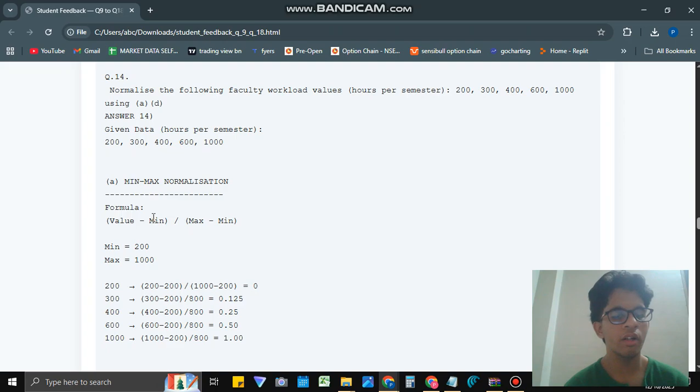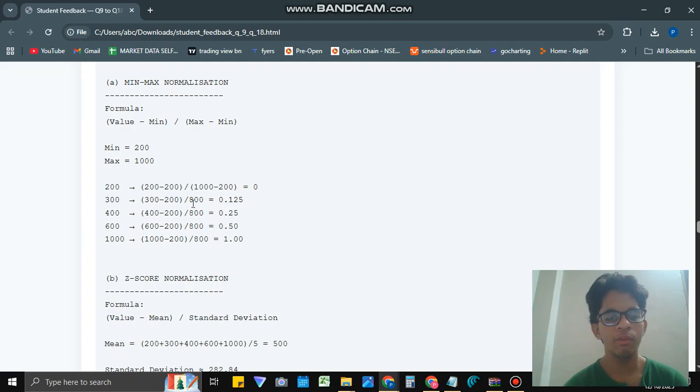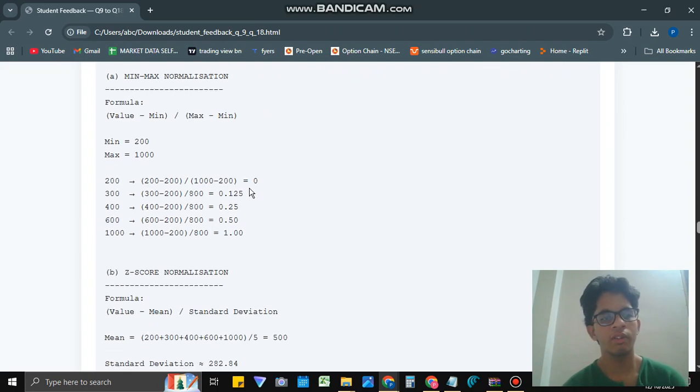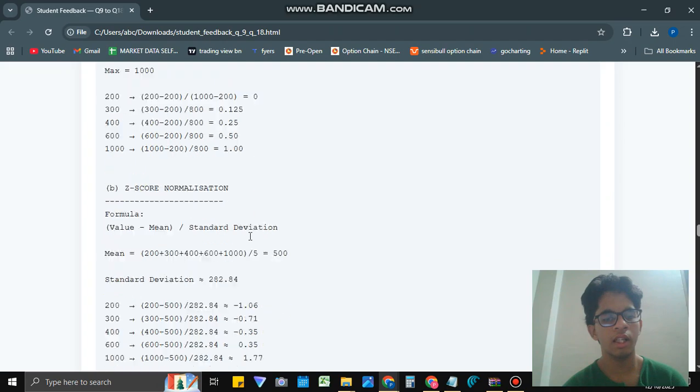So 200 minus the minimum value, which is also 200, divided by the difference of maximum and minimum, that is 1000 minus 200, 800. The minimum value will be the same for every data point, just the data point value at each row will change accordingly. So we will get normalized values like these.